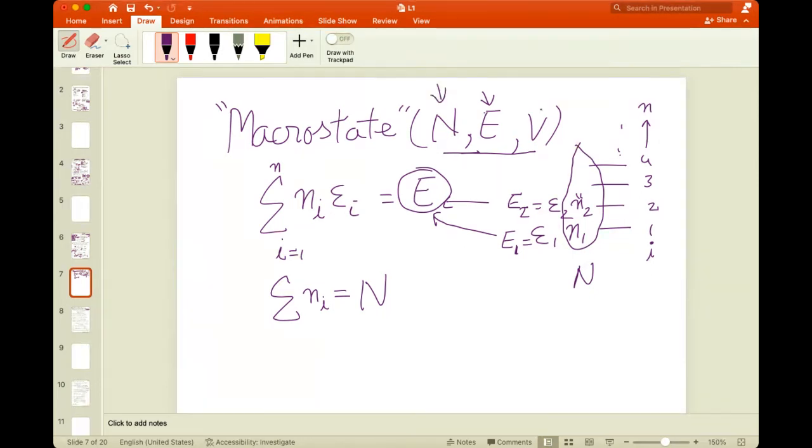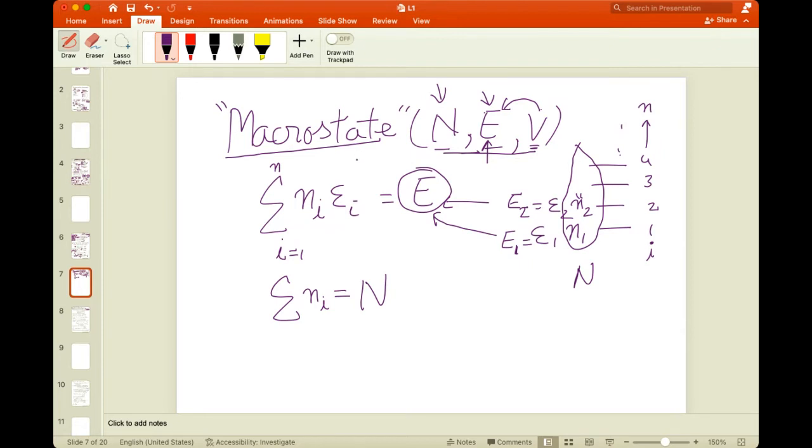And volume, as I said yesterday also, and you will see this in examples, basically comes in via energy, be it continuous energy or discrete energy. So the volume or the dimension of the space occupied by the systems enters via the energy expression, right? So if you define n's and e's and v, then in principle I can say that I have defined the macro state of my system.